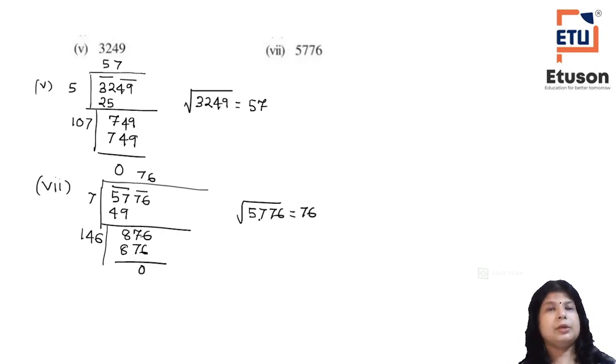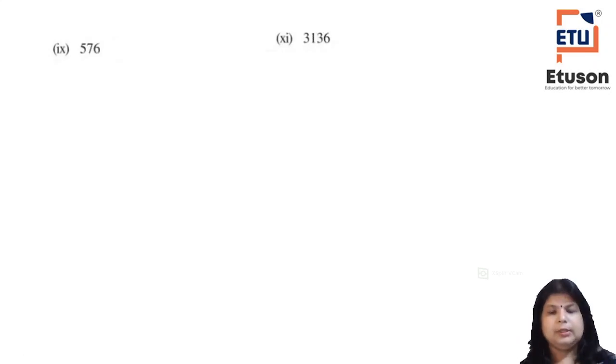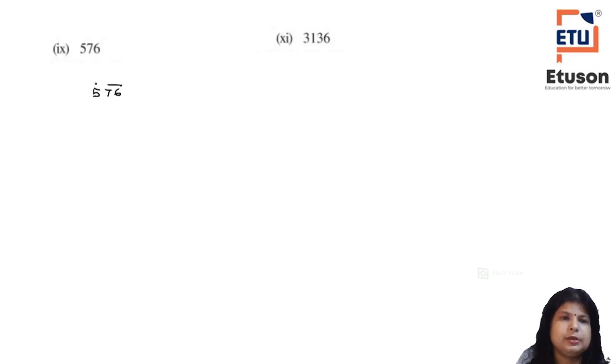Correct? So now let us go to the next two bits, that is 576 and 3136. I am going to pair the number. In 5 76, here you have only one number, 5. So you start with 2. 2 square is 4. Then 176.